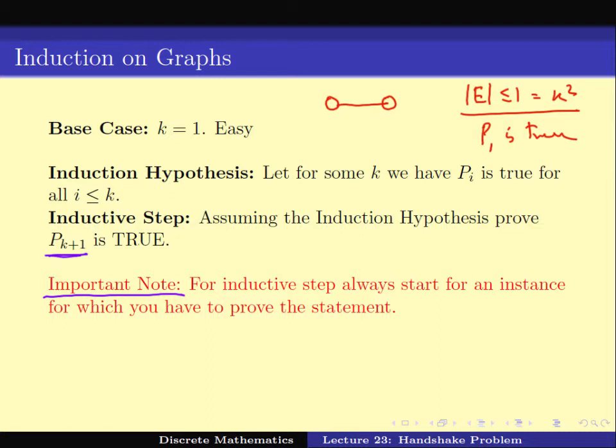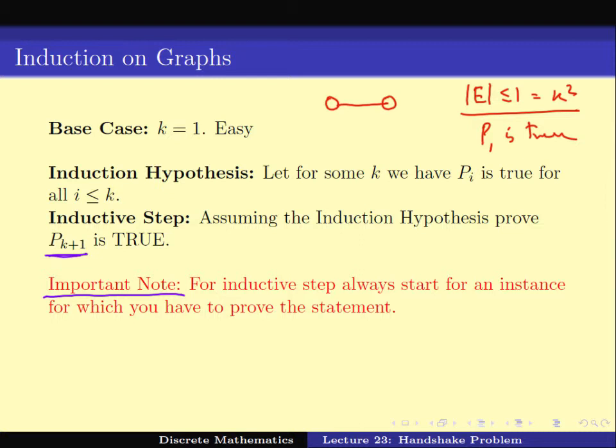Do not start with an instance of Pk and try to construct a Pk plus 1. This is a very important note, and I will keep on repeating it a few times. You don't face this issue when you are solving using induction for number theoretic problems.